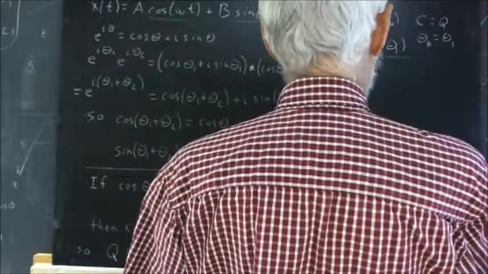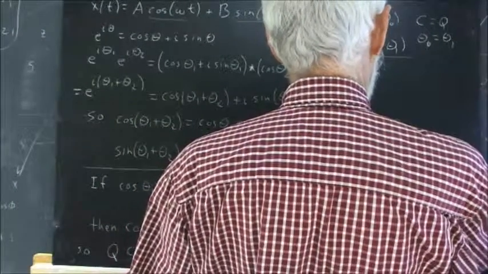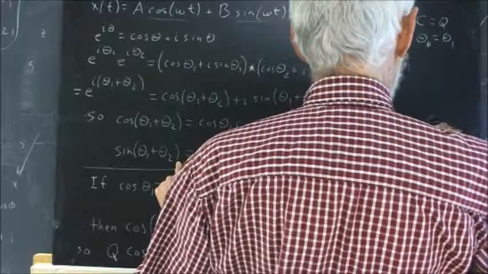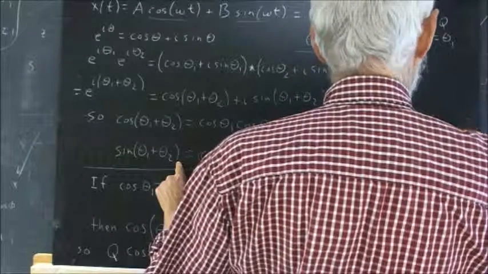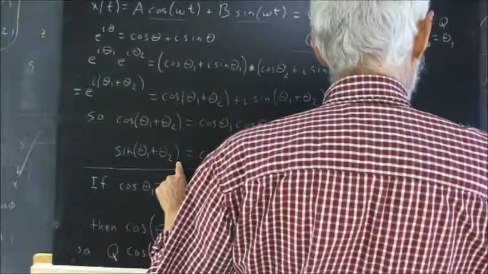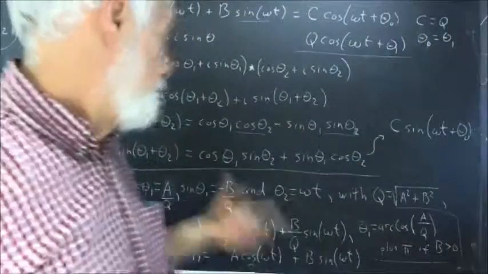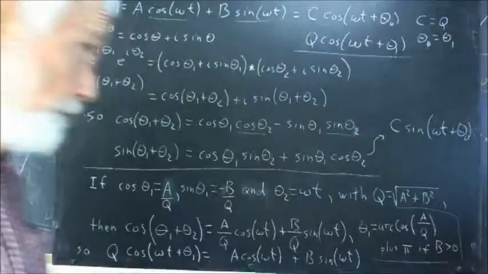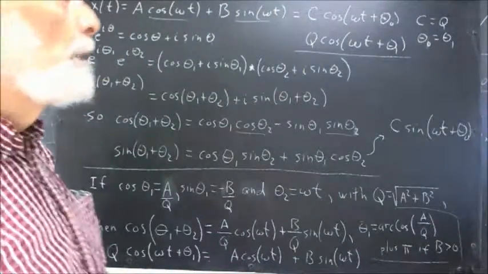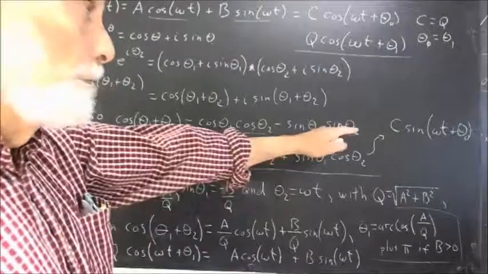And this identity could give us the form c times the sine of omega t plus theta naught. But if you run through that, you'll see the c has a different value, and the theta naught is going to have a different value. But that works out just the way we expect it to.